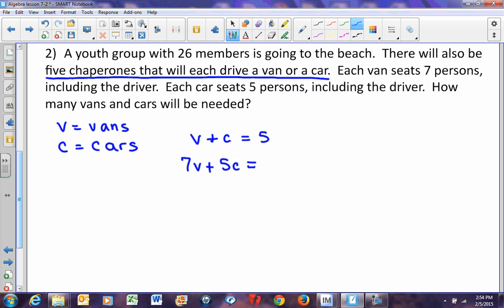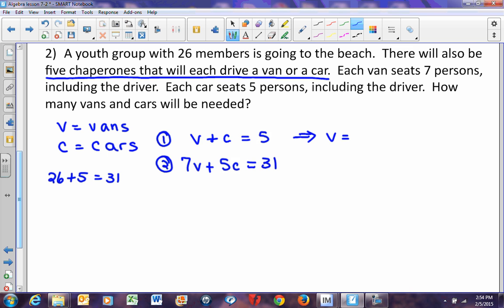So 26 plus 5 means there's 31 total people. 31 total people have to fit into the vehicles. So now I have 2 equations. I can solve either equation 1 or equation 2 for my variable. I'm just going to take equation 1 and solve it for v.